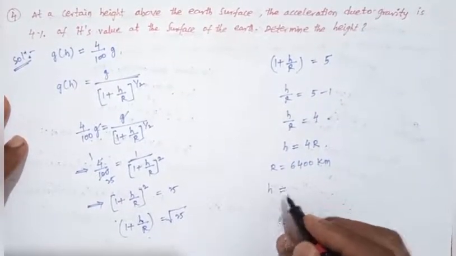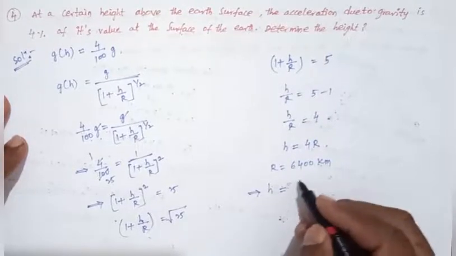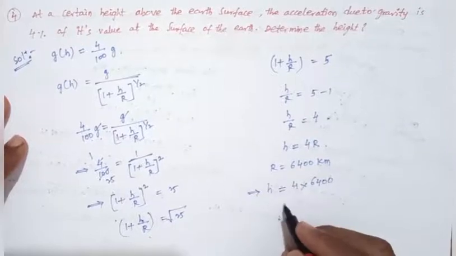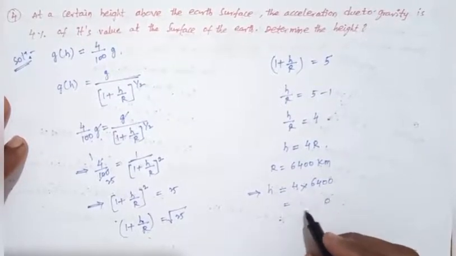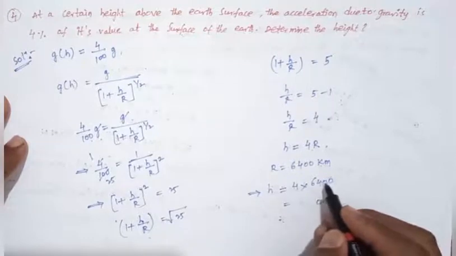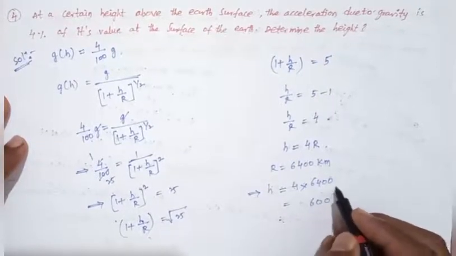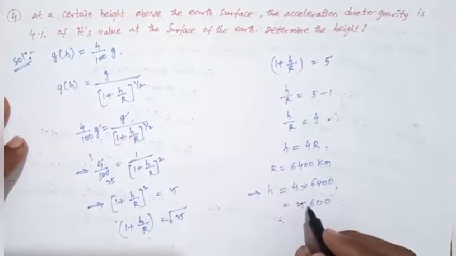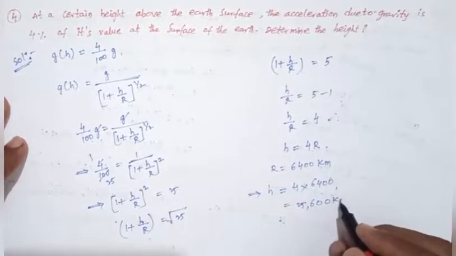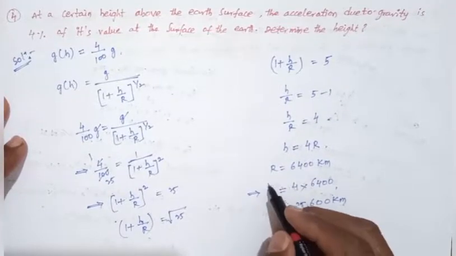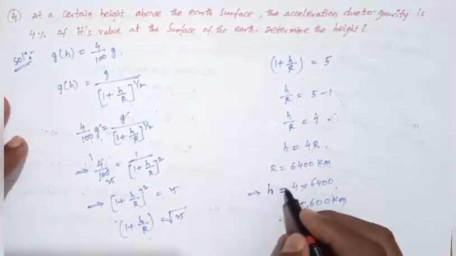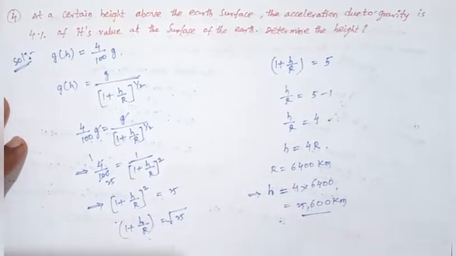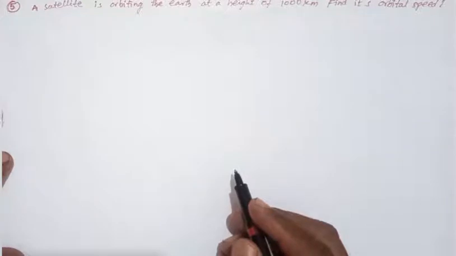So h equals 4 into 6400, that is 4 4s are 16, 4 6s are 24 plus 1 is 25, 25,600 kilometers. The height of the object is 25,600 kilometers.